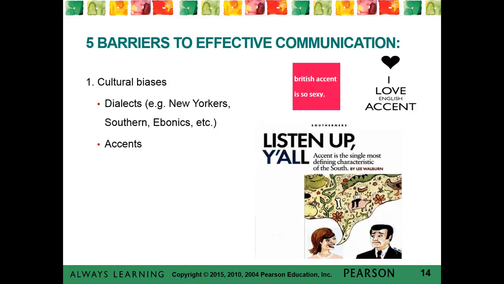So dialect refers to patterns, whereas accents refer to enunciation. Now, we have all heard the British accent, and for some reason, it's considered the more intelligent accent, the sexy accent. But that lets us know that we have these biases. As soon as we hear a certain dialect or accent, we immediately conjure up certain assumptions about people.